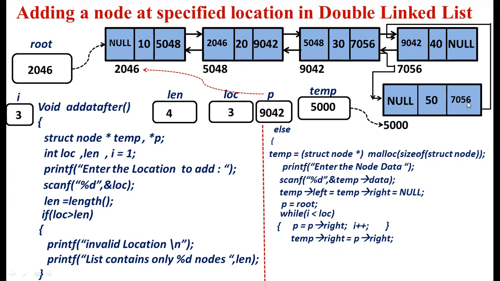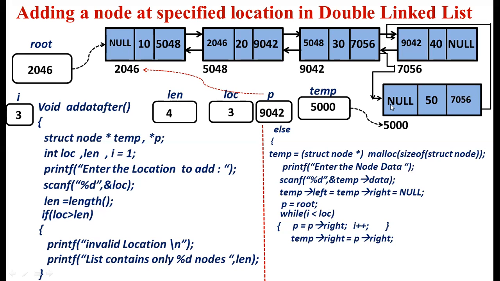Now since this is a double linked list, we need to establish the second connection also in the other direction. So here what we have to do? We have to place the address 5000 so that the connection can be established like this, in the backward direction from this node to this node.